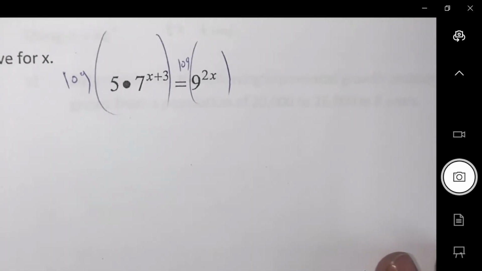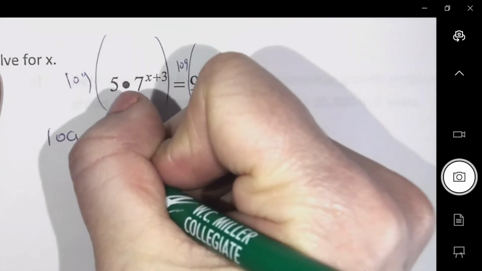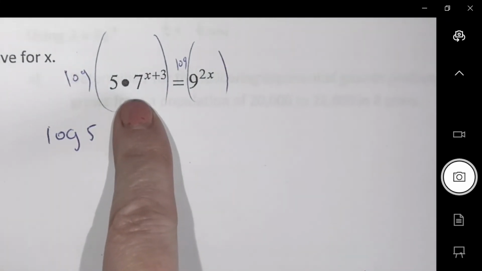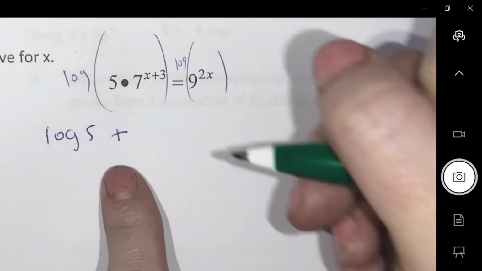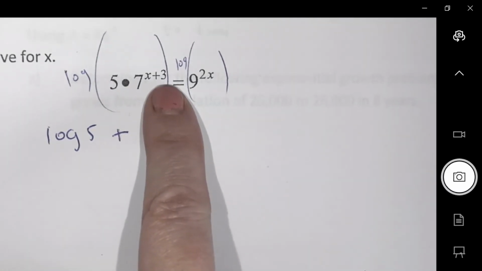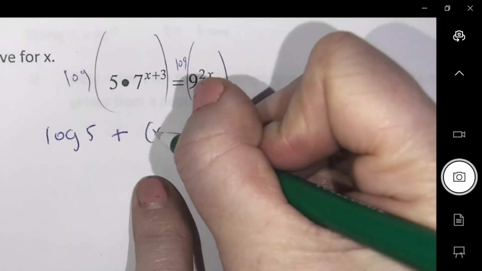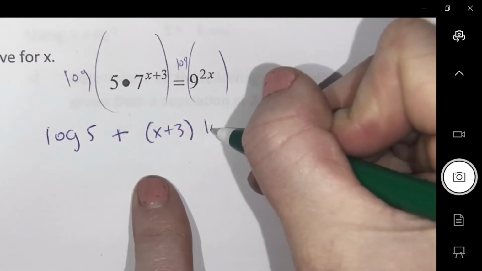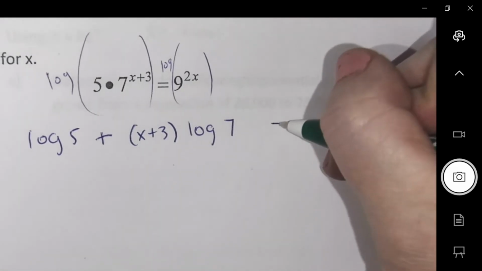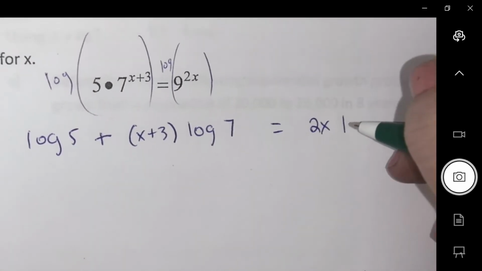Okay, can you separate this with all those rules? So log 5, there's a multiply, so plus. The exponent is going to move into the front of log 7. Equals exponent moving to the front.